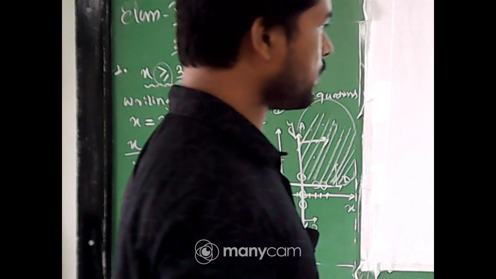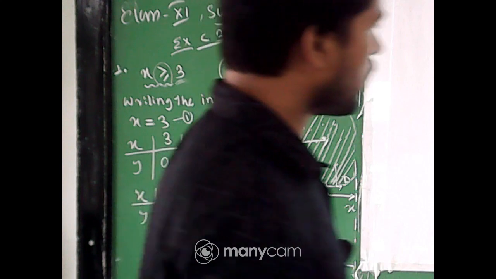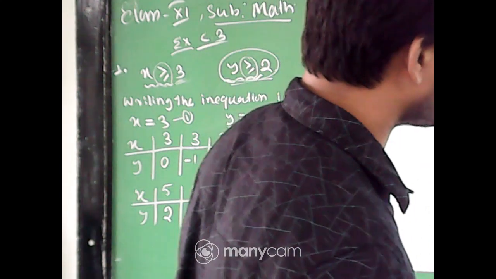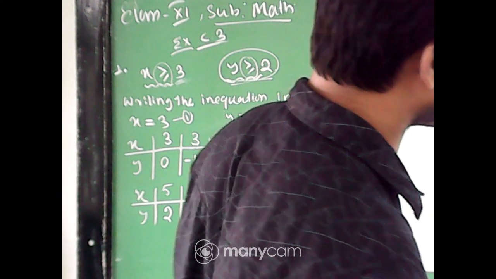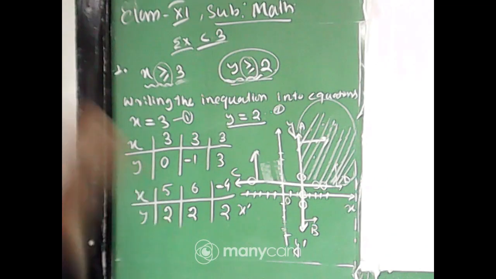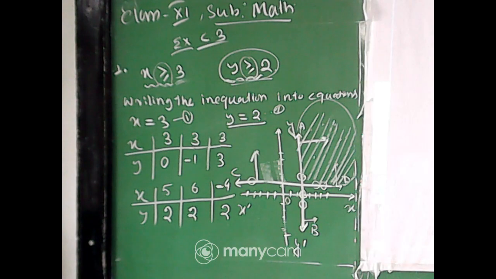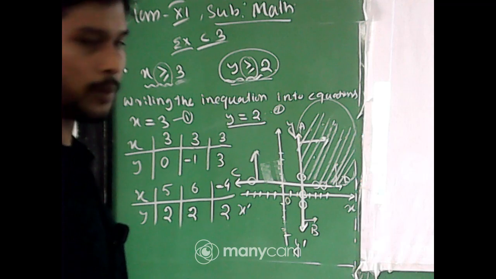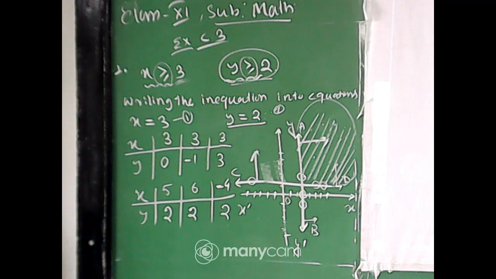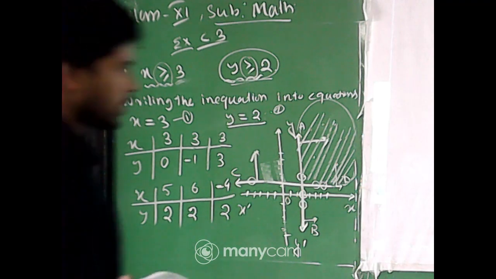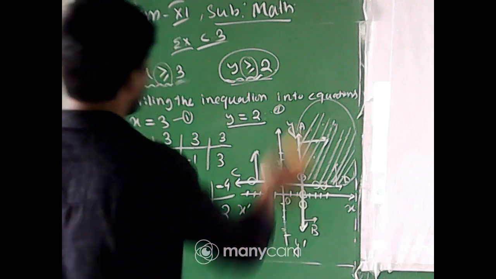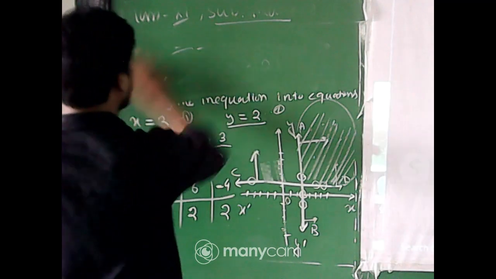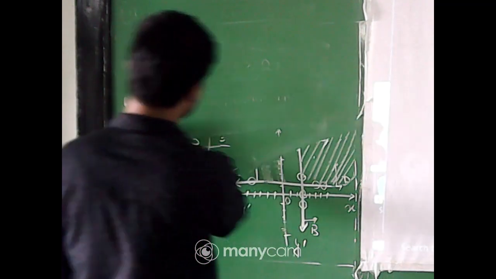Okay, I'm taking one more example, then your doubts will be clear. I hope you have understood. Okay, so I'm grabbing the board now, and we'll choose one more problem.